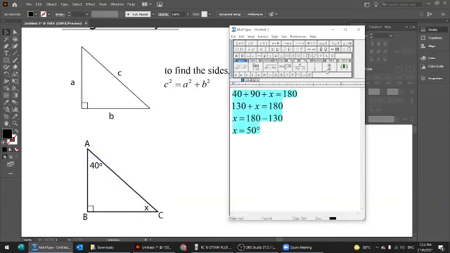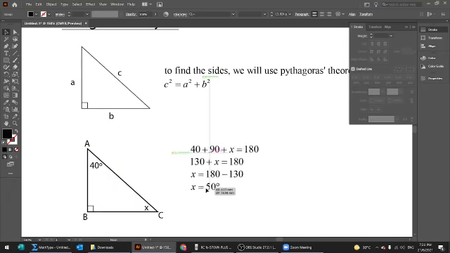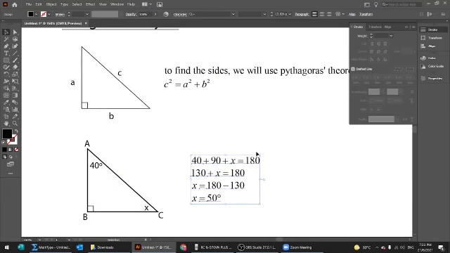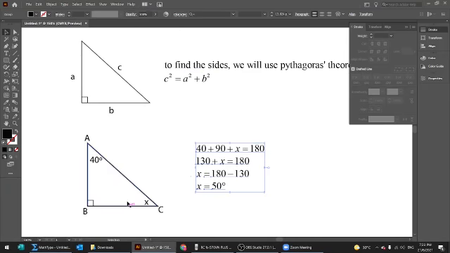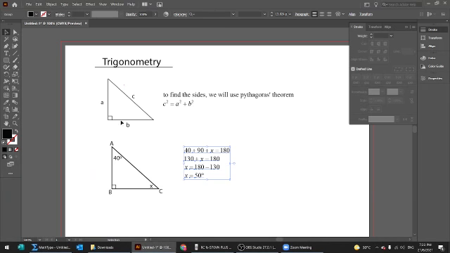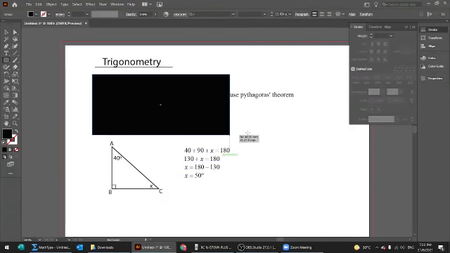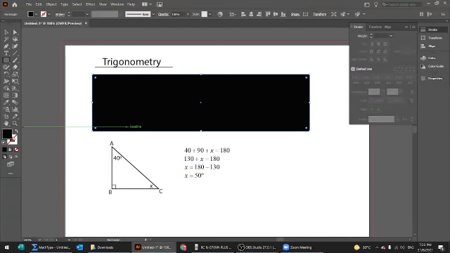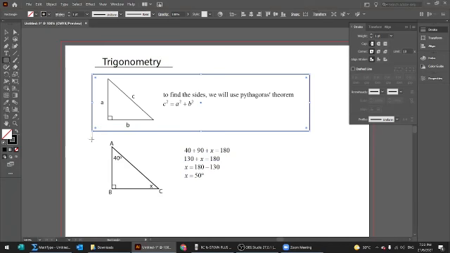So if we want to find a side, we use the Pythagoras theorem. If we want to find an angle, we use the angle sum method. But what if I want to use the sides to find the angle, or use the angle to find the side? This method only finds the side, and that method only finds the angle.